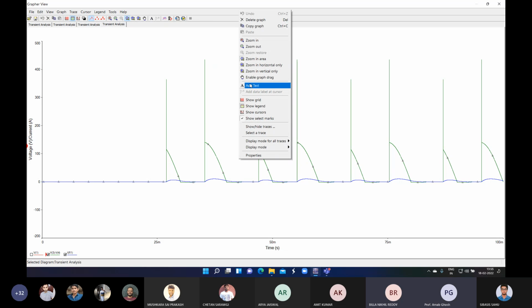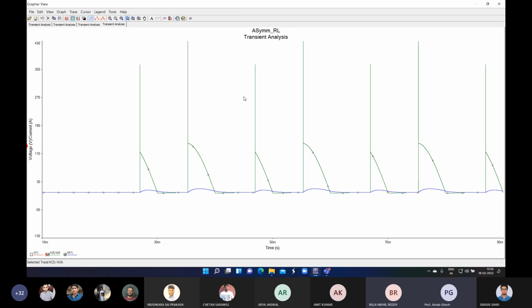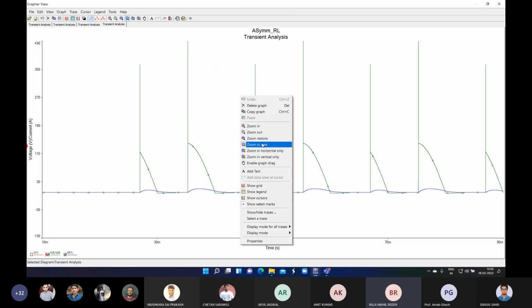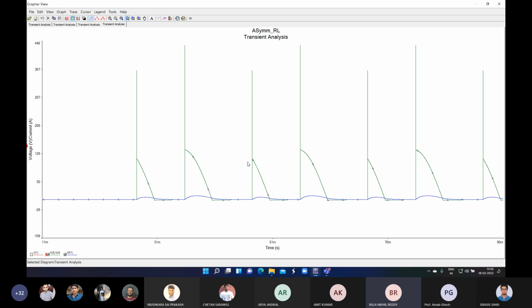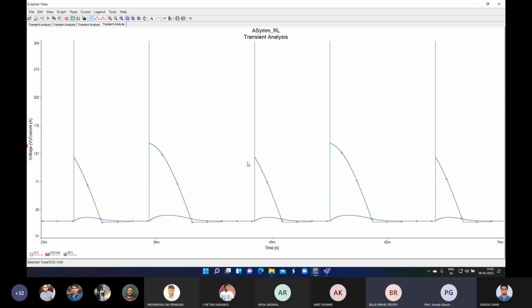So you can see that current gradually goes to zero. That's why I'm telling you. Is it continuous? Make it zoom. Scroll. Here you can see that voltage is immediately zero, but current is taking some time to reach zero. Okay. Yes, sir.